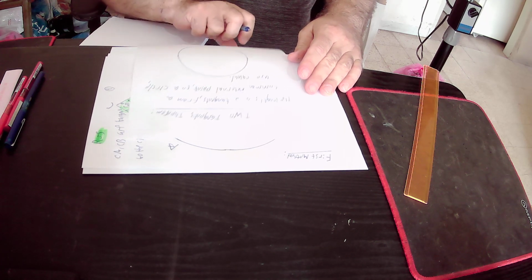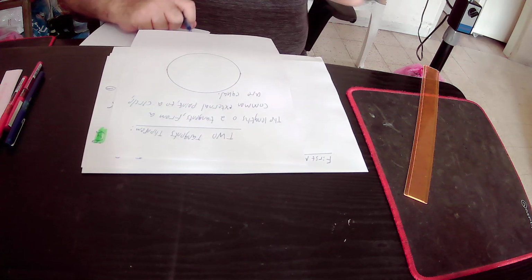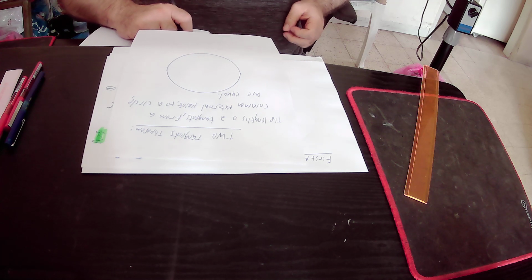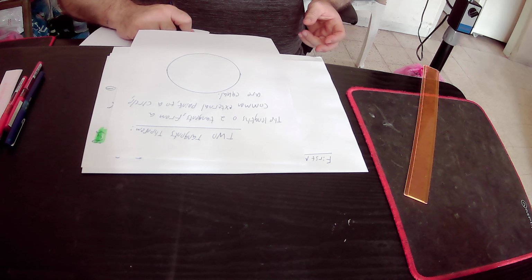So I will read the two tangents theorem again. Two tangents theorem states that the lengths of two tangents from a common external point to a circle are equal.